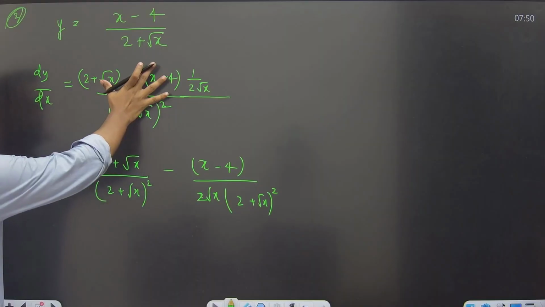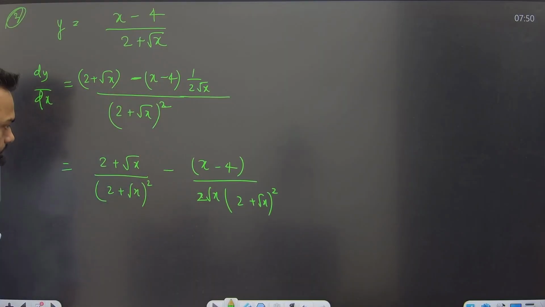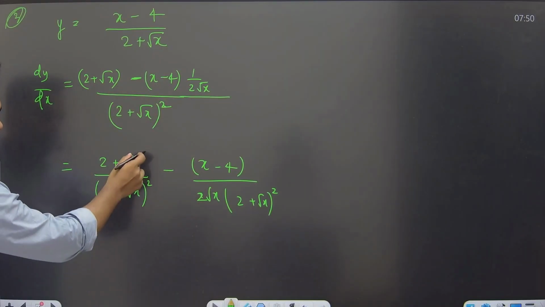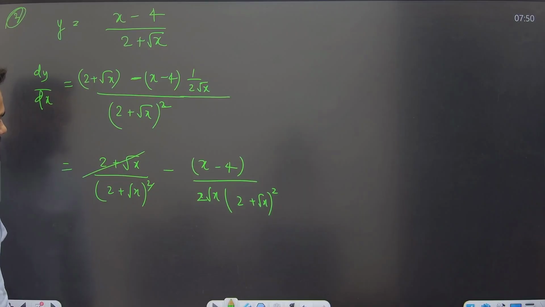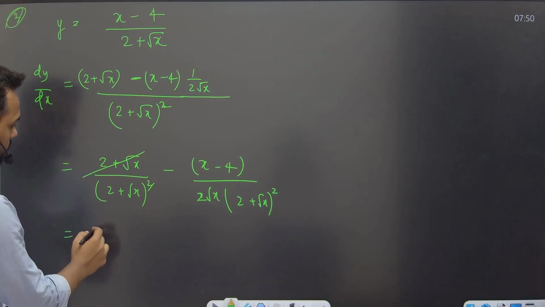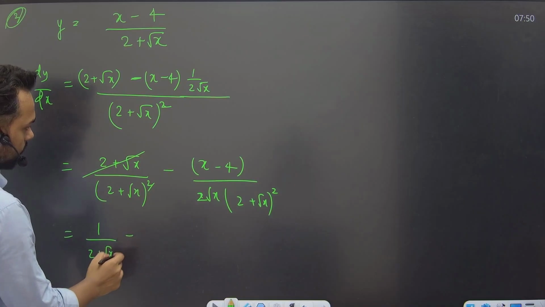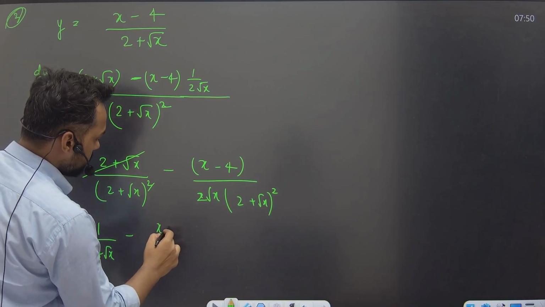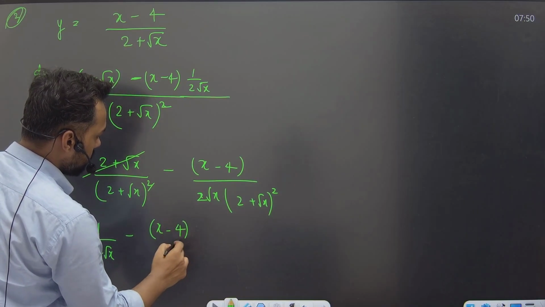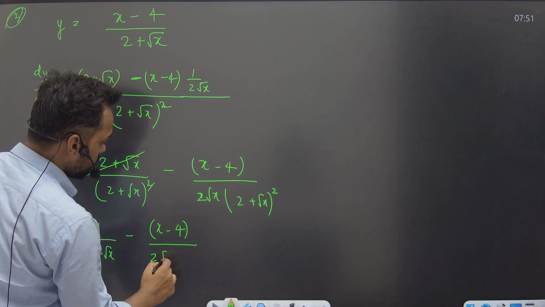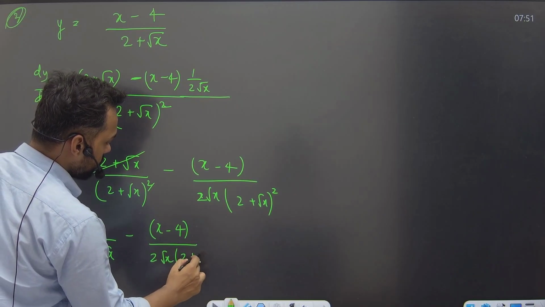This particular expression could be written like this. This and this part got cancelled. What we are left with? 1 by (2 plus root x) minus (x minus 4) upon 2 root x (2 plus root x) whole square.